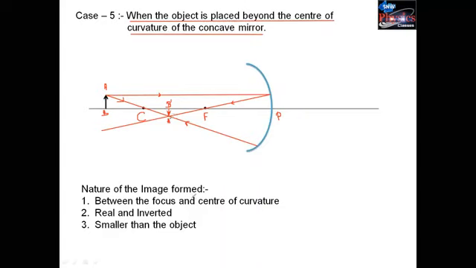So the position of the image is between the focus and the center of curvature. And the image is real and inverted because it is formed in front of the mirror. The image is real, inverted, and smaller than the object. It is formed in a smaller size than the object.